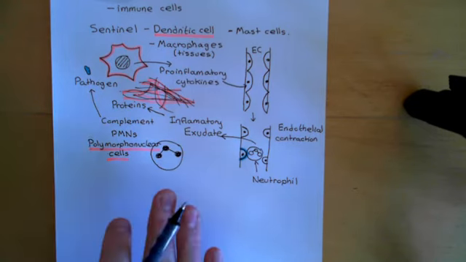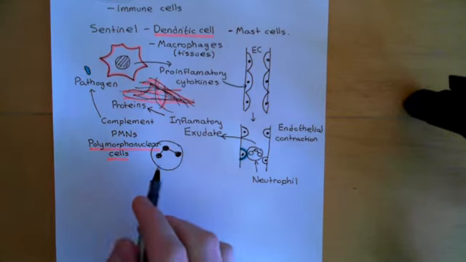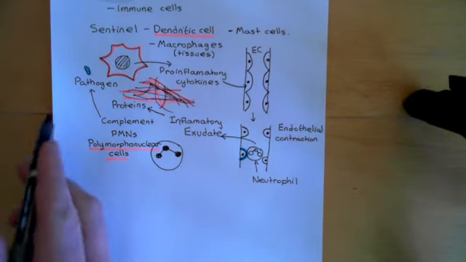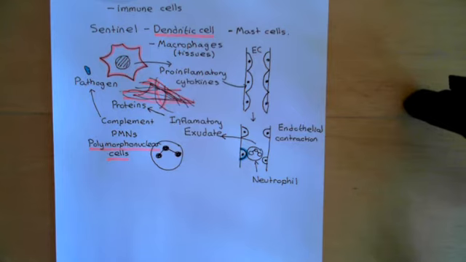Then these polymorphonuclear cells come in and start phagocytosing the pathogen, so eating it effectively and digesting it. So that's the acute inflammatory response there. Now, this is important in what's known as ischemia-reperfusion injury, which is what we're about to talk about.